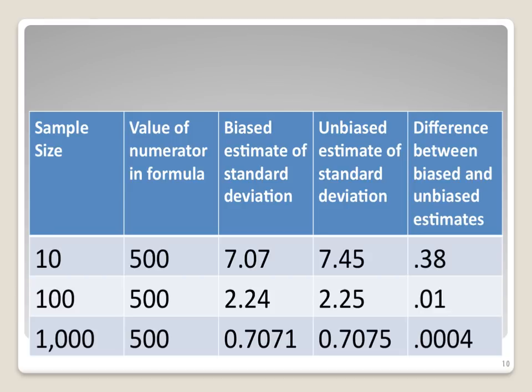Our unbiased estimate uses n minus 1, and our biased estimate uses n. So let's assume that whatever is in the numerator of the formula we're using is 500 for all of these 3 examples, for sample sizes 10, 100, and 1,000.